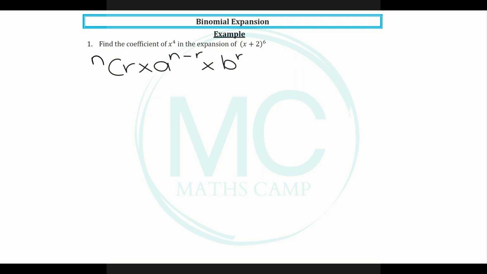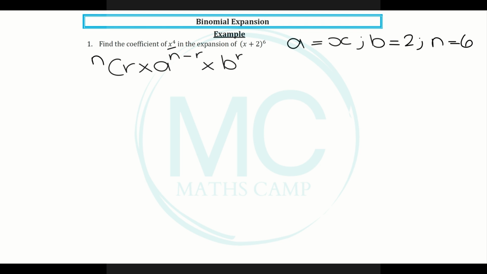From the bracket, we can see that a is x, b is 2, and n is 6. The question wants us to find the coefficient of x to the 4.